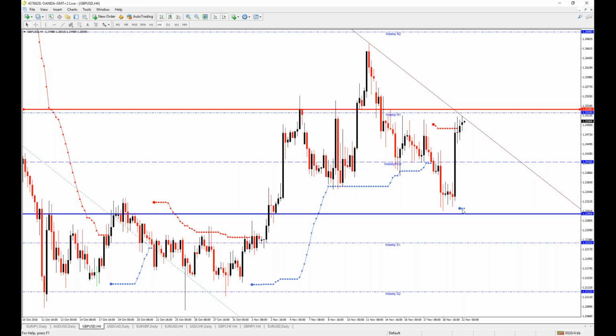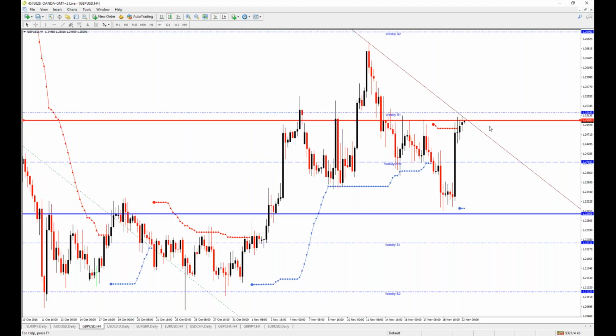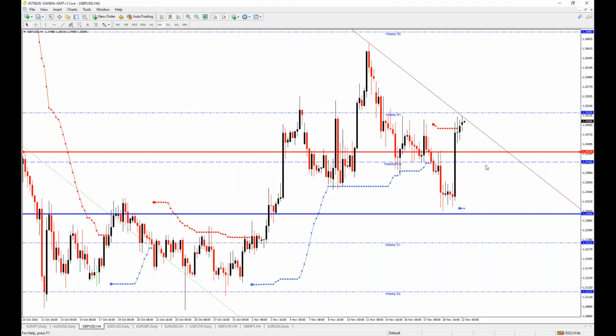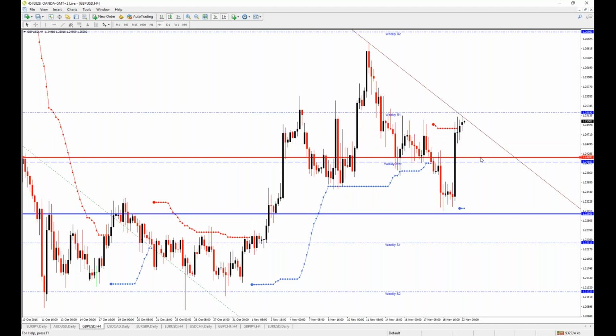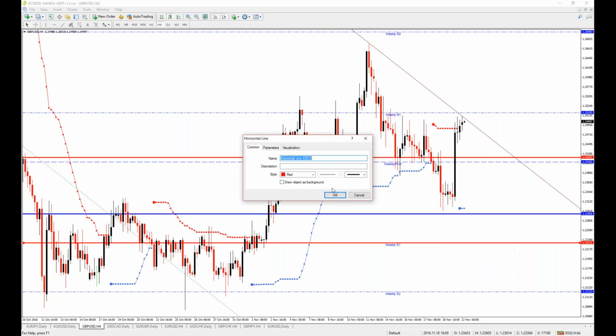If we start to fall and go through these blue dots right here, I will place my stop loss above this last pivot point area right here, say at 24.20. 24.20 is where my stop loss will start. Okay? And then I will use these pivot point areas as targets.